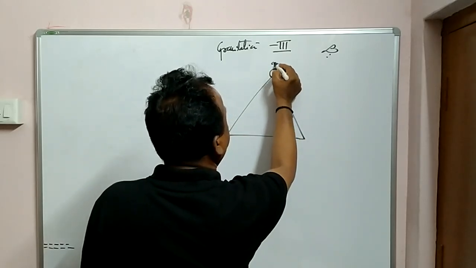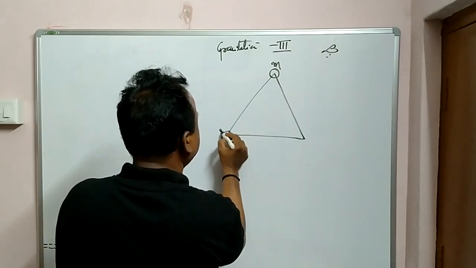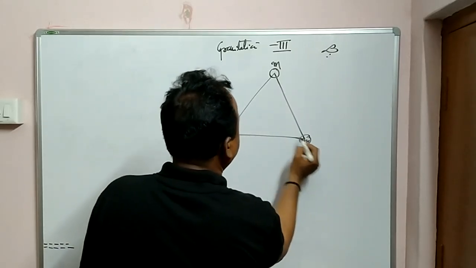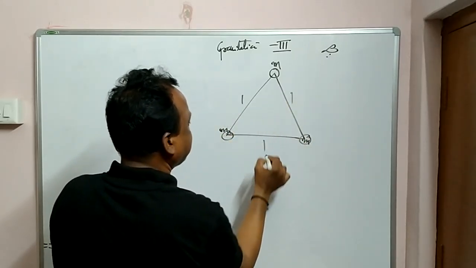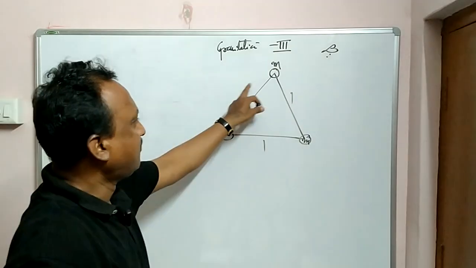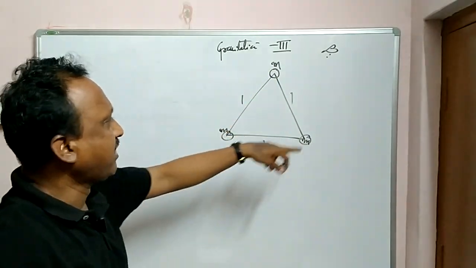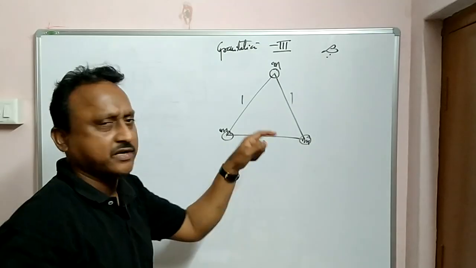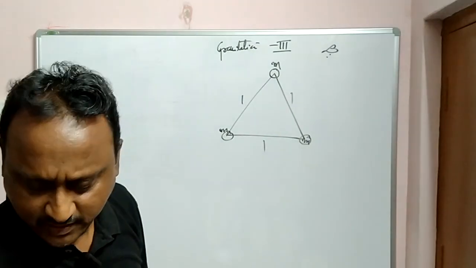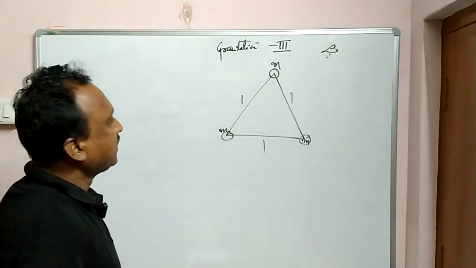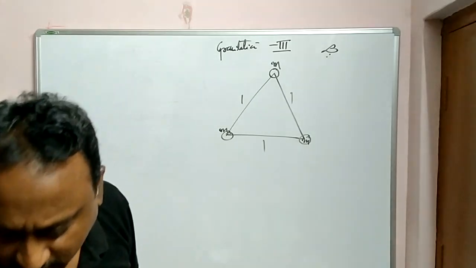Let three bodies having the same masses be separated by an equal side of 1 meter, say 1, 1, 1. Three equal masses are kept at the 3 corners of an equilateral triangle, for example.